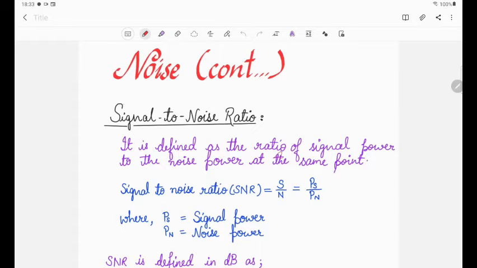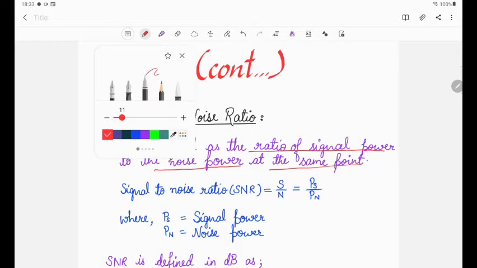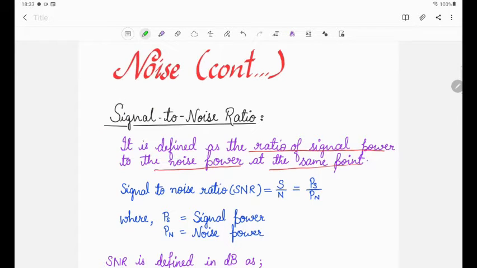As you know, it is defined as the ratio of signal power to the noise power at the same point. So at any point, if we take the signal power to the noise power, that is called the signal to noise ratio. Mathematically, signal to noise ratio is generally called SNR.